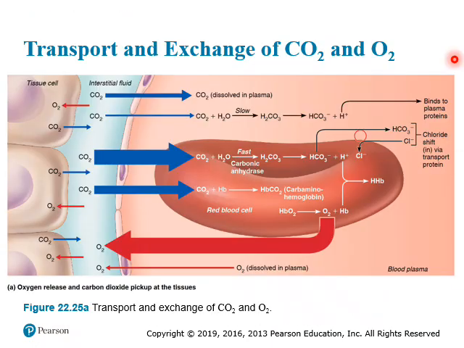Now, I have here a huge red blood cell. This red blood cell is within a capillary, and these are your tissue cells. This is your capillary cell, and this is the interstitial fluid, where there is an exchange of substances and gases, depending on the availability. Remember that the movement here is not anywhere close to active transport.